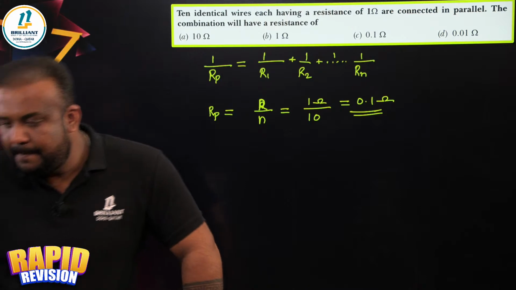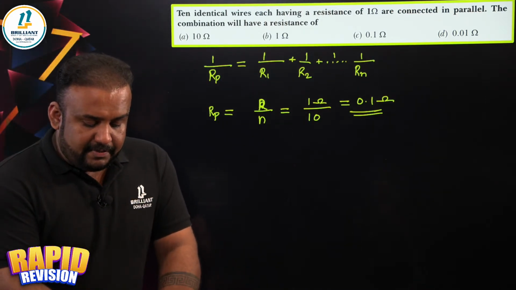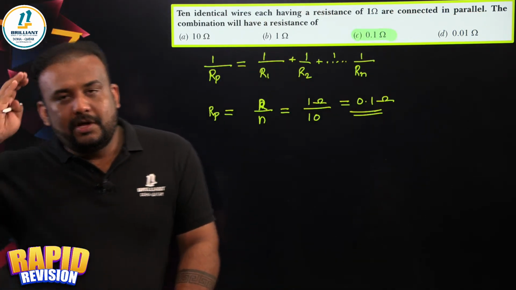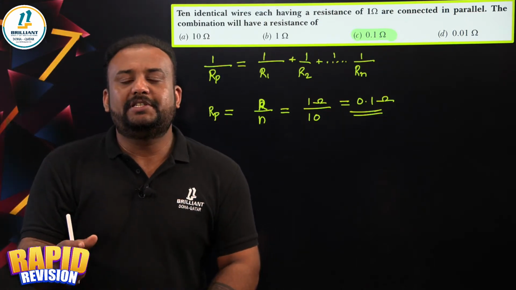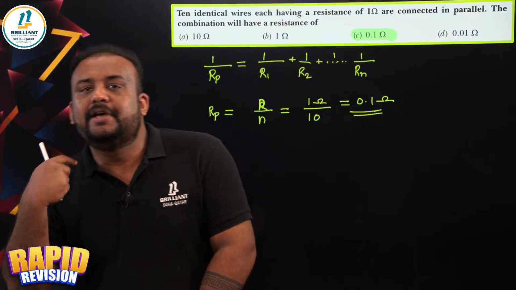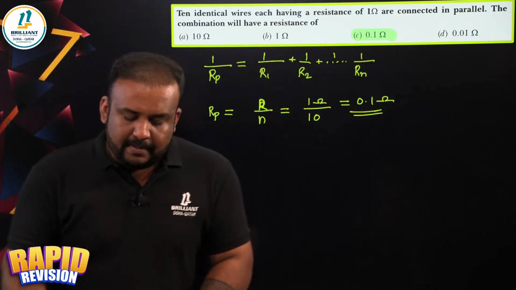Is that clear to everyone? Yes, 1 by 10. Good. So a quick reminder, series combination is the combination where you get the maximum resistance, and parallel combination is the combination where you get minimum resistance. Right.